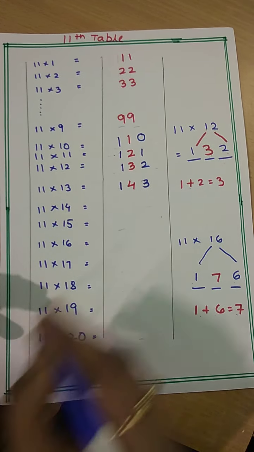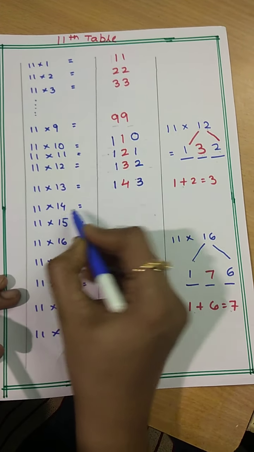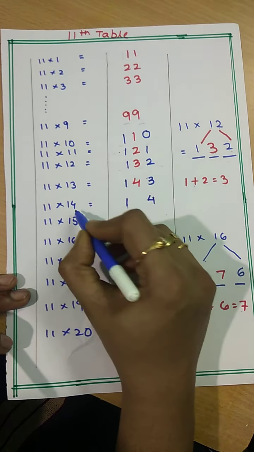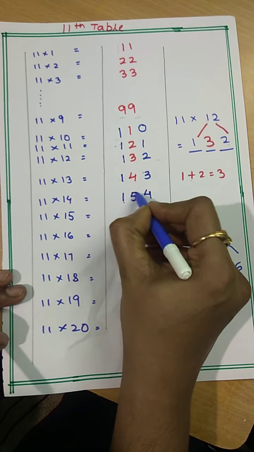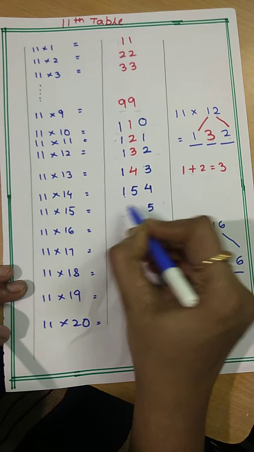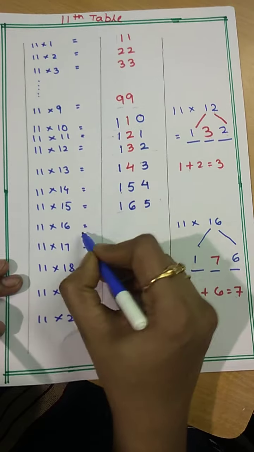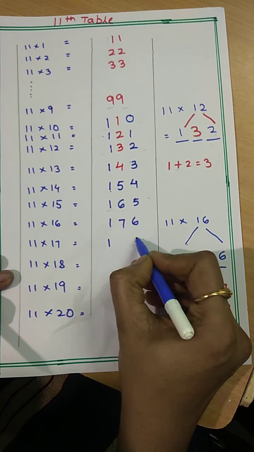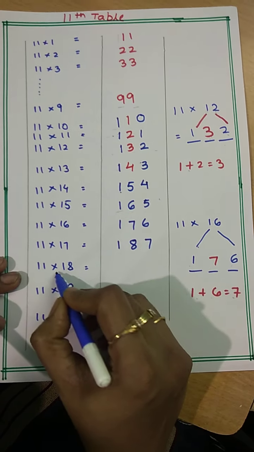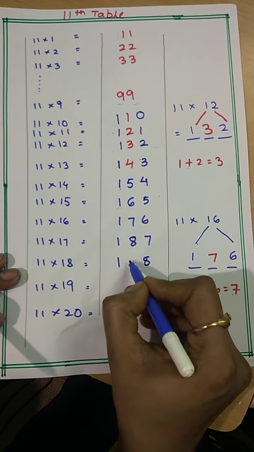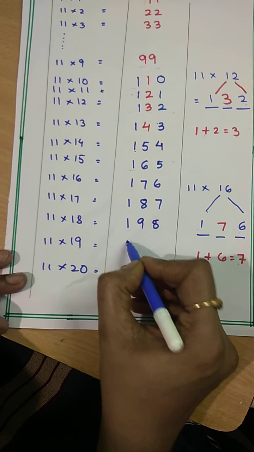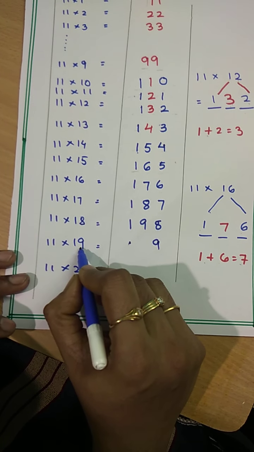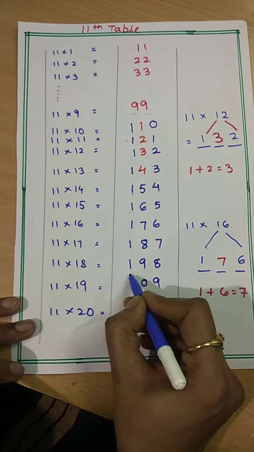Like that we need to write. 1 in the hundreds place, 4 in the ones place, 1 plus 4 is 5, so 154. Then 5, 1 plus 5 is 6, so 165. 1, 6, 1 plus 6 is 7, so 176. 1, 7, 1 plus 7 is 8, so 187. 1, 8, 1 plus 8 is 9, so 198. Then 9: 1 plus 9 will be 10. So write 0 here and carry 1 here.